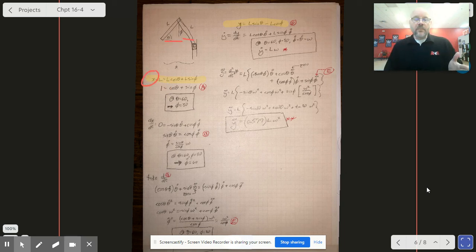Now, what the problem tells us, you can go back and look if you want to, is that that's equal to L. All right. So right off the bat, we get this sort of interesting relationship: 1 is equal to cosine theta plus sine phi.